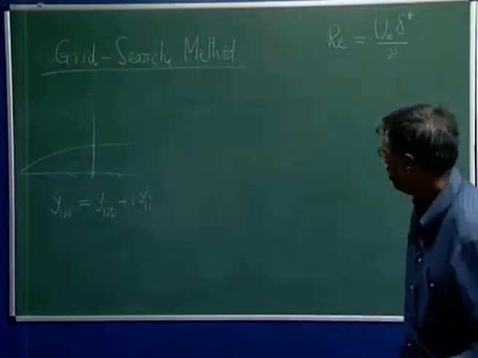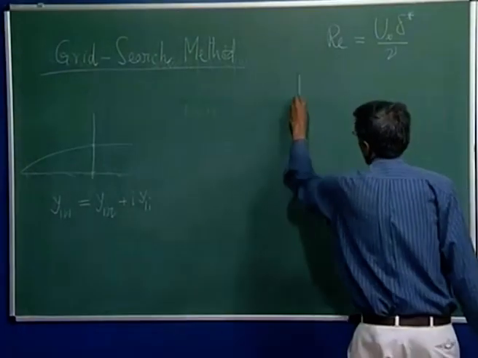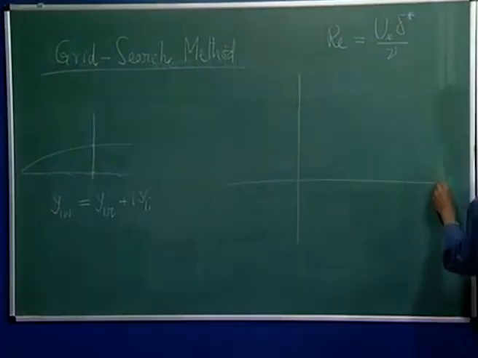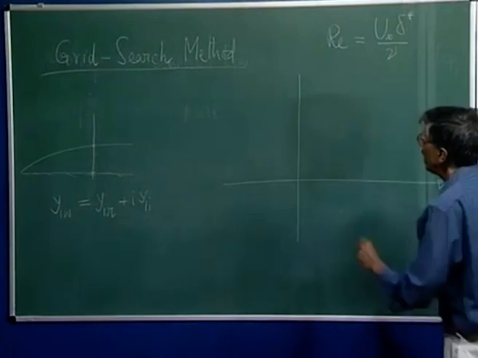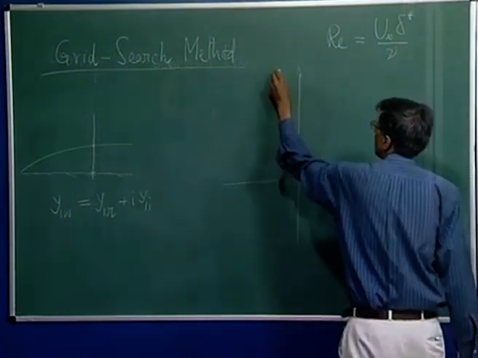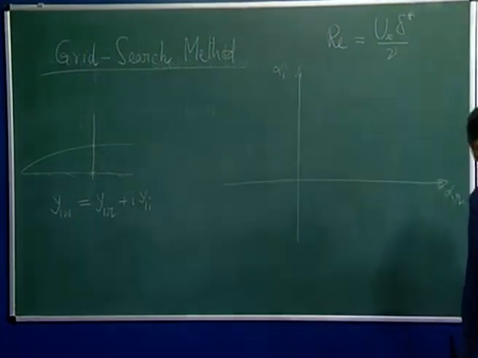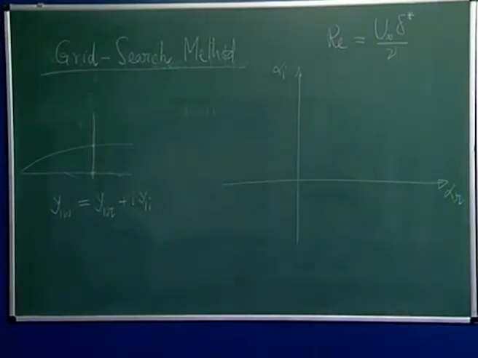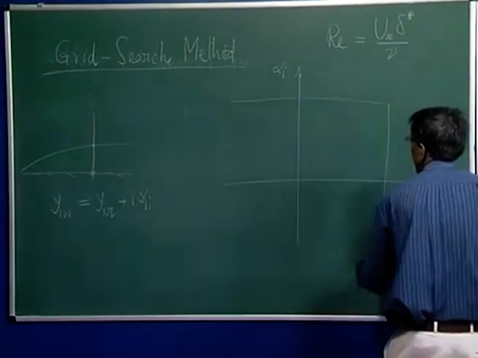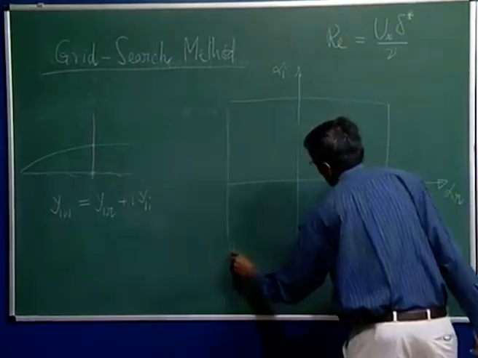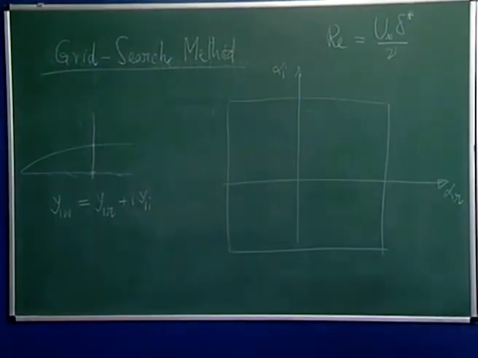So, what I could do is I could look up the complex alpha plane. Along this, I will plot alpha r, along this, I will plot alpha I. Now, what I want to do is I want to find out the eigenvalues, let us say, in this box. Okay.